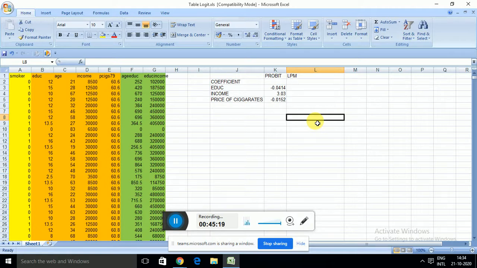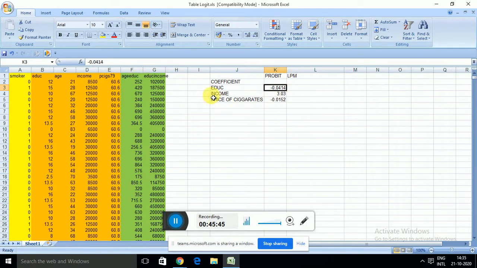Now, in the case of logistic regression, the way you compute the probability, because these are the odd ratios, is this: the odd of you quitting a cigarette vis-a-vis you not quitting a cigarette for a given level of education. Please remember, I'm using the words for a given level of education.